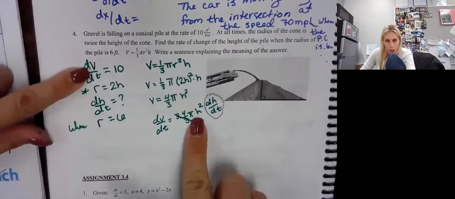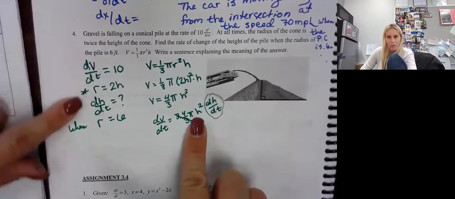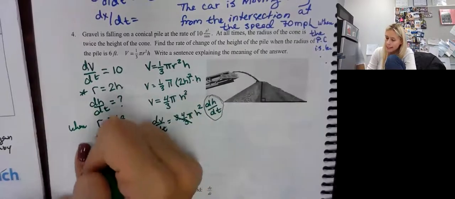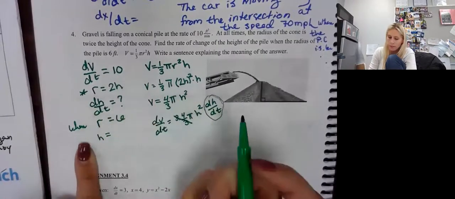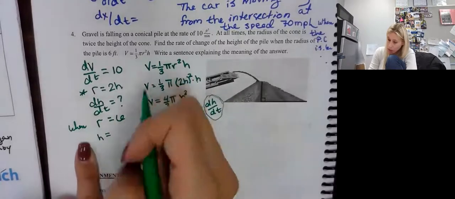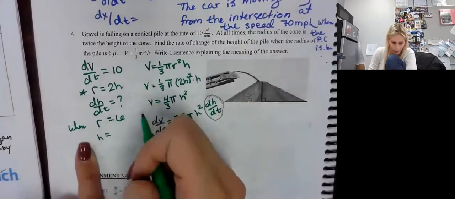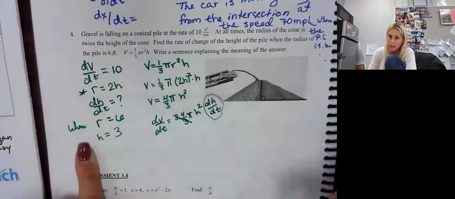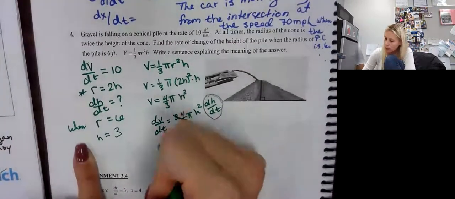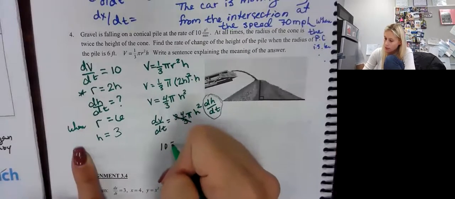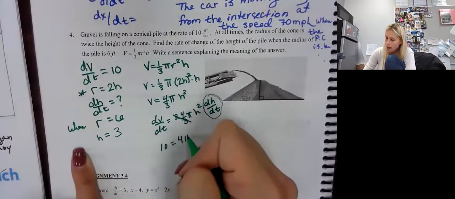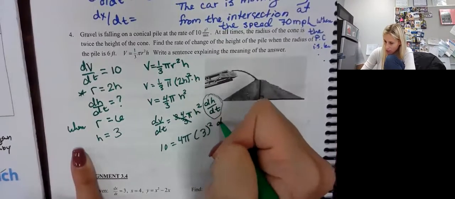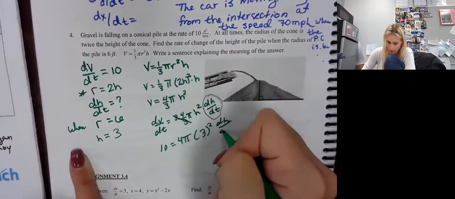Do we have an h? Well, we have when r is 6. Well, when r is 6, what is h? H is 3, remember, because it's double the height. Now we have an h we can plug in. So we have 10 equals 4 pi times 3 squared dh/dt.